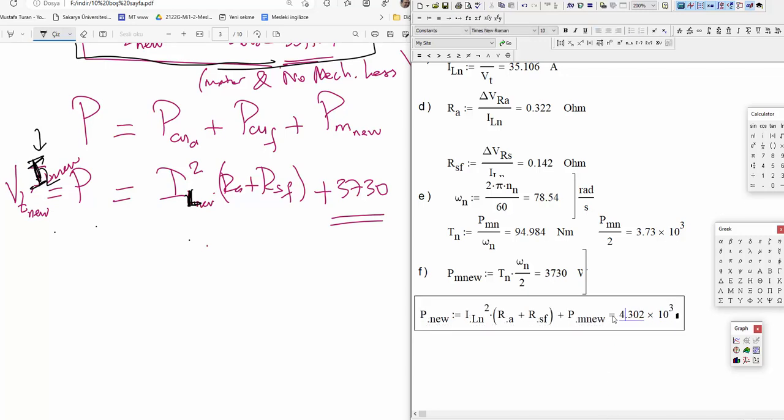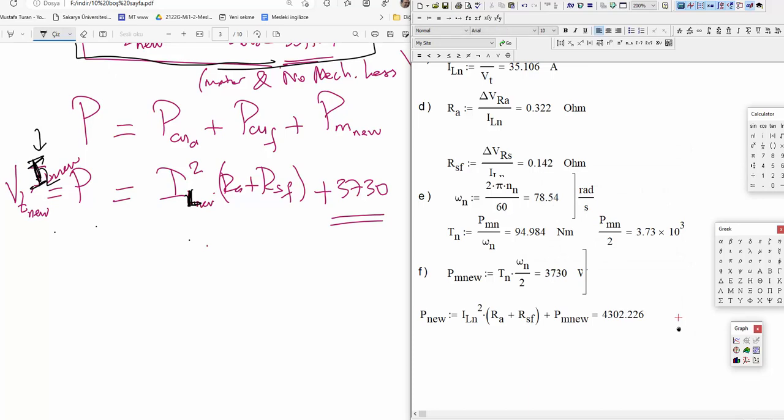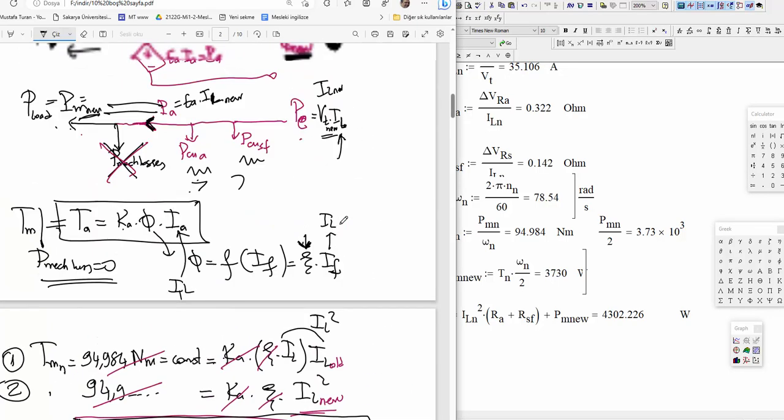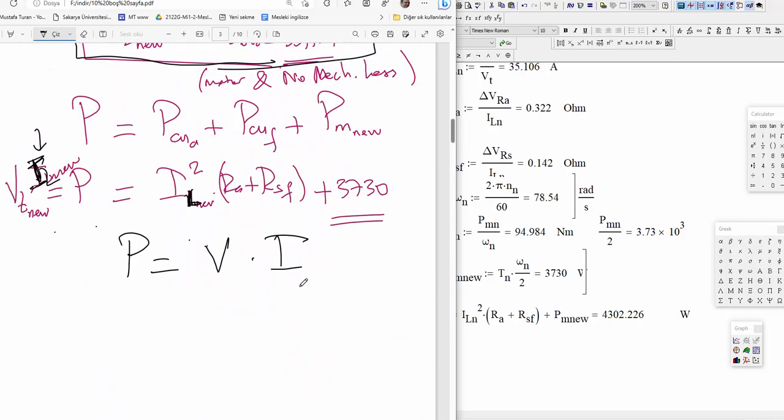Let me show in decimals. Volts. Ladies and gentlemen, as you know, power across terminal can be written as voltage times current. And take care, current is old value, but voltage is new value, power is new power.